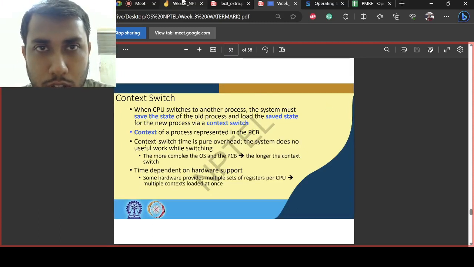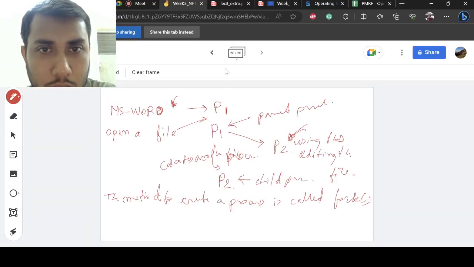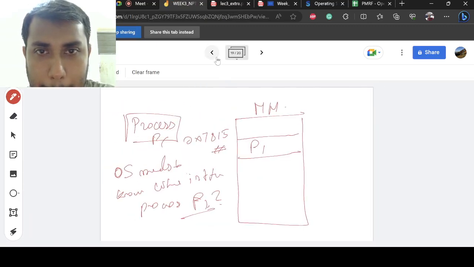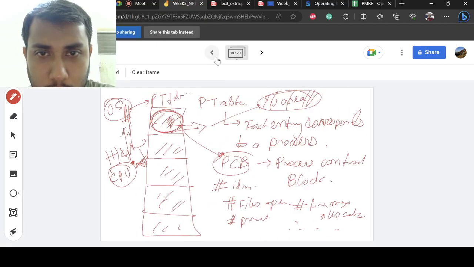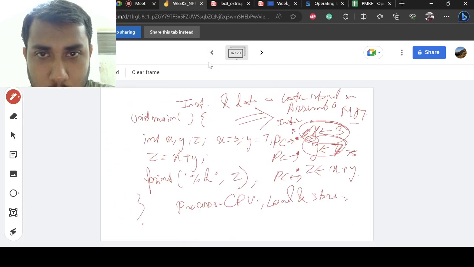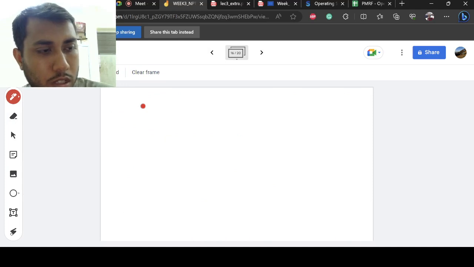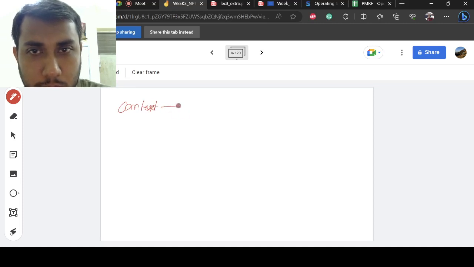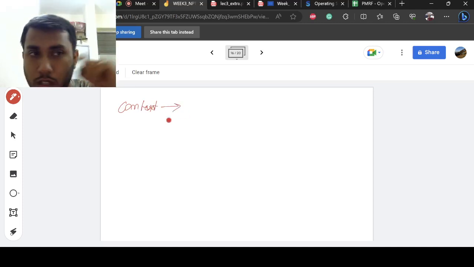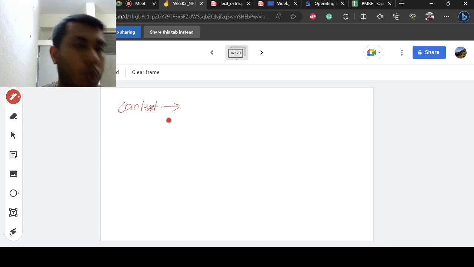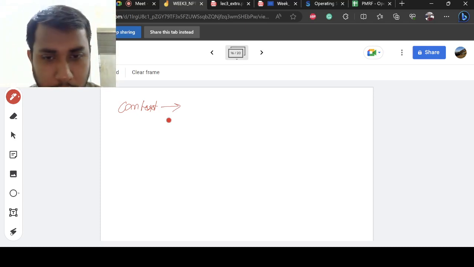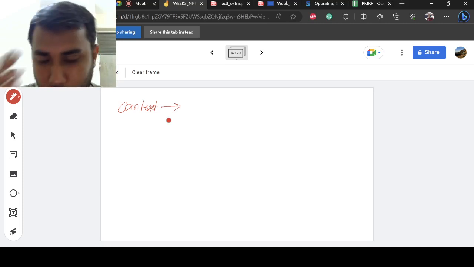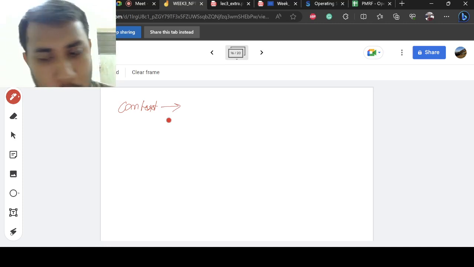So let's come back here. Context. There are three types of contexts for processes.